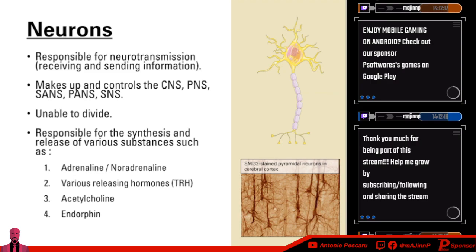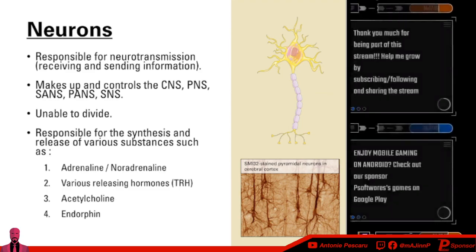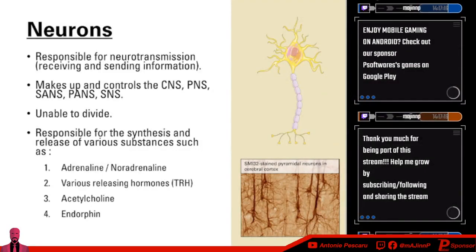main takeaway of the neuron is basically that they are responsible for the synthesis and release of various substances such as adrenaline, noradrenaline, and various releasing hormones. They all happen in the, sorry, I have a blank right now for the word I'm looking for. I think it's hypophyse, but don't take my word for it.